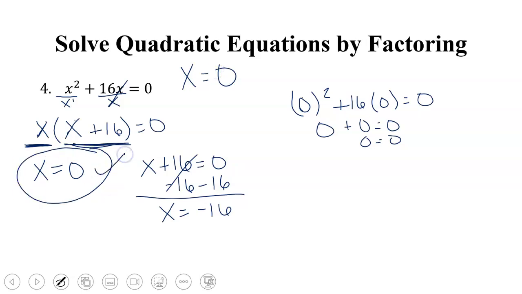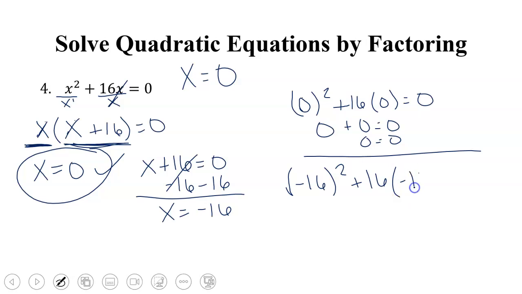That checks out. Now let's start over. Instead of x squared, plug in your negative 16. So I have my parentheses, negative 16 squared plus 16 times negative 16 equals 0.